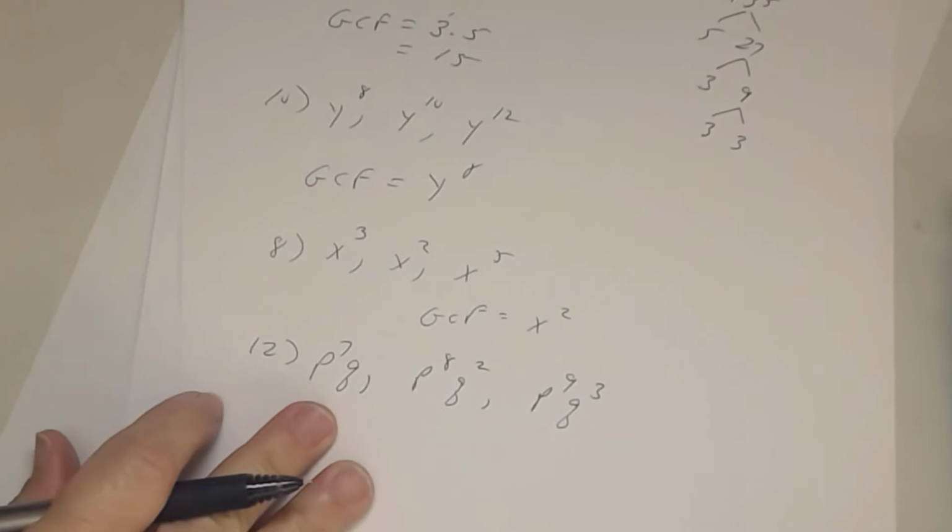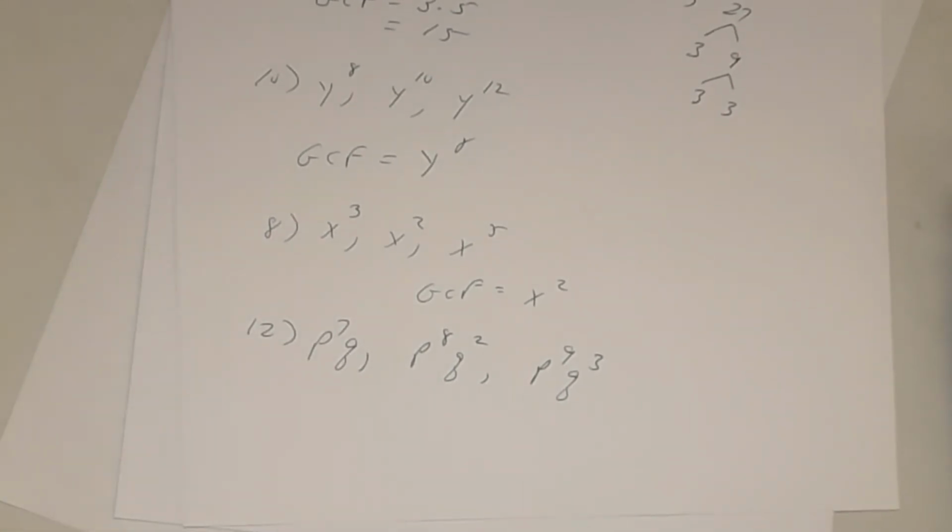So you're going to have polynomials with more than one variable. All right, write this down. So p to the 7th times q. The other term is p to the 8th times q squared. And then p to the 9th times q to the 3rd power.